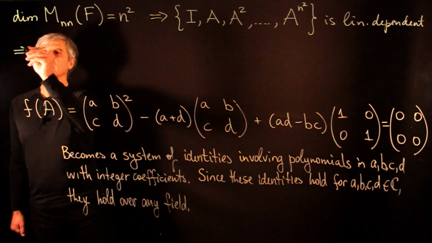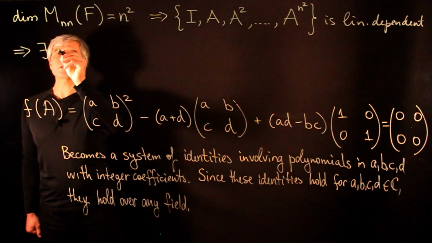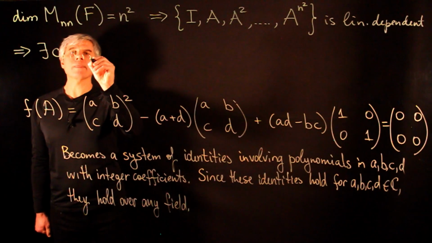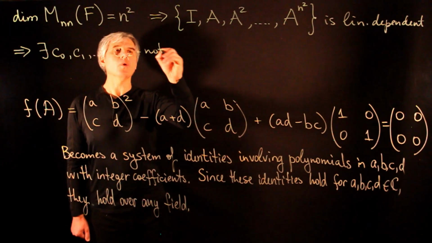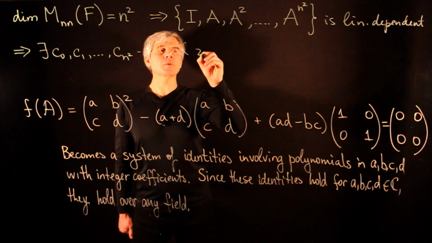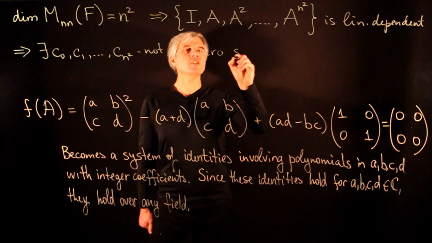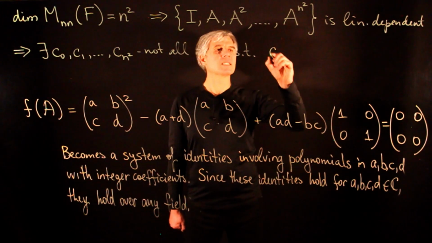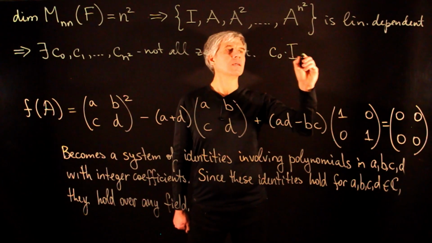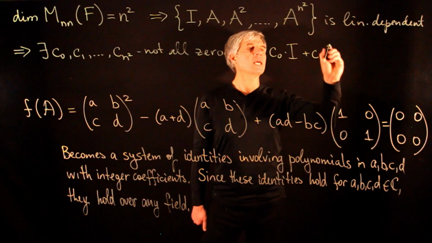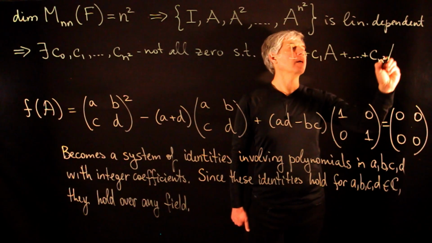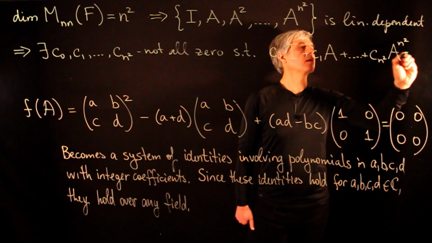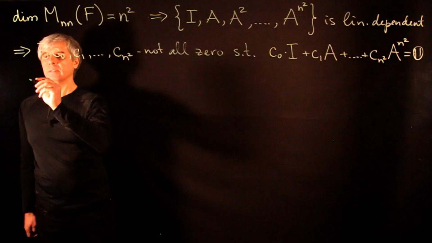So from here, we get that there exist scalars c0, c1, up to c_{n squared}, not all equal to 0, such that c0 times identity plus c1 times a plus ... plus c_{n squared} times a to the n squared is equal to a zero matrix.